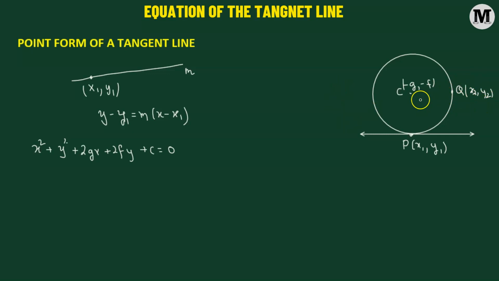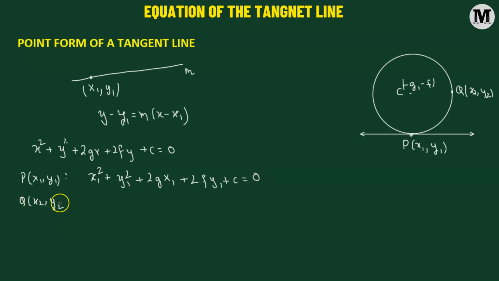Now these 2 points are going to lie on the circle, and since they lie on the circle, they are going to satisfy the equation of the circle. So that means for point P, x1 comma y1, the equation of the circle will be x1 squared plus y1 squared plus 2gx1 plus 2fy1 plus c equals 0. Fine. And then for the point Q, having the coordinates x2 comma y2, this is going to satisfy the equation of the circle.